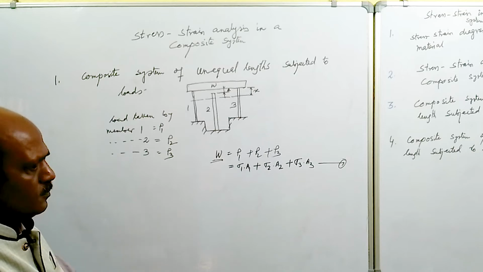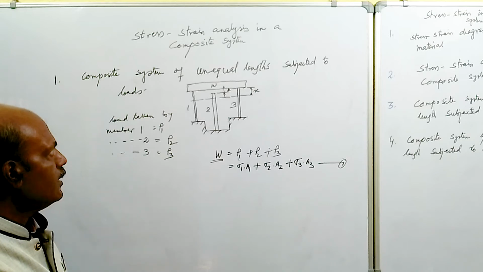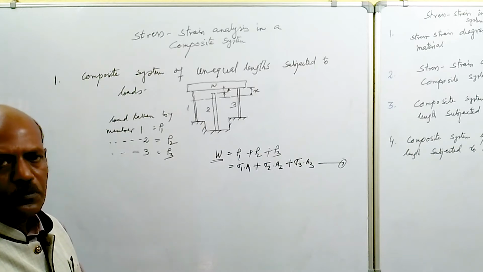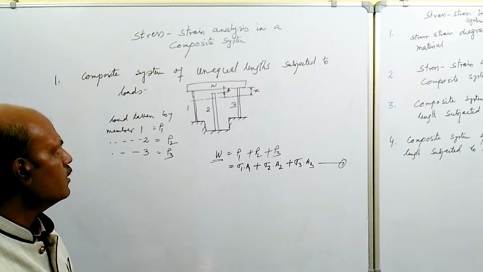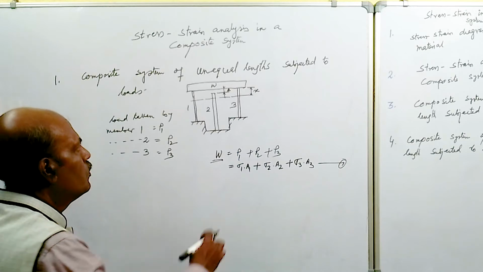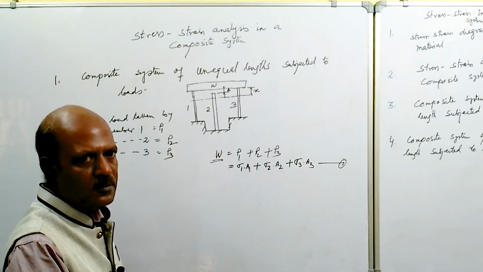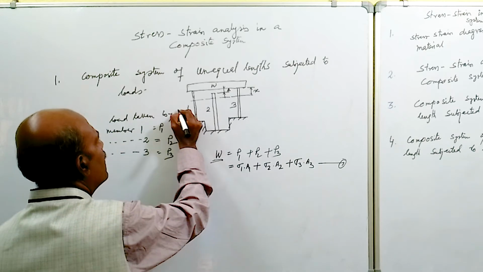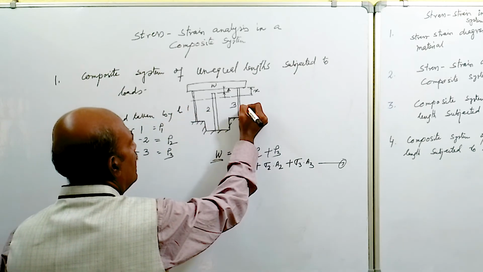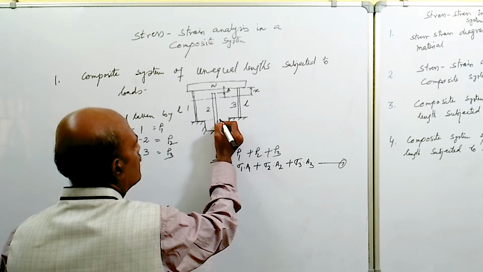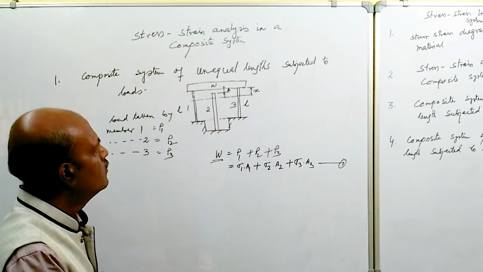Now, what is the deformation produced in bar 1, bar 2 and bar 3? The deformation produced in bar 1 and bar 3 is x, and L is the length of bar 1 and bar 3, because it is shown in the figure that these two lengths are equal.